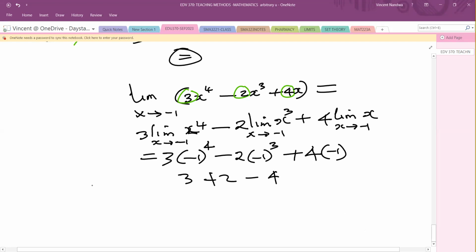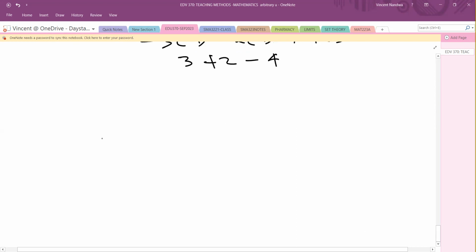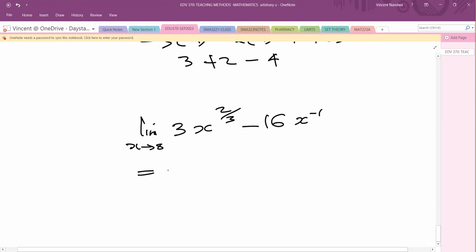Now for this other one, I want you to tell me again what we write. Limit as x approaches 8 of 3 x power 2 over 3 minus 16 x power minus 1. So what is the first step?